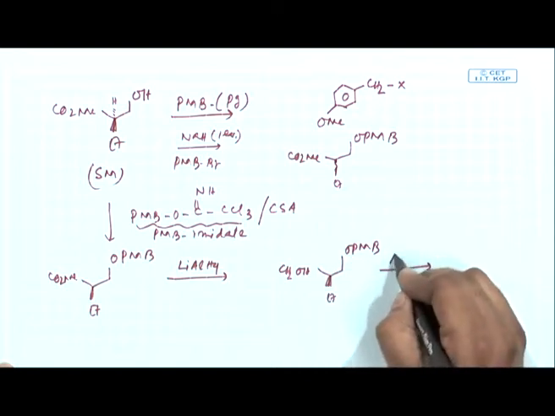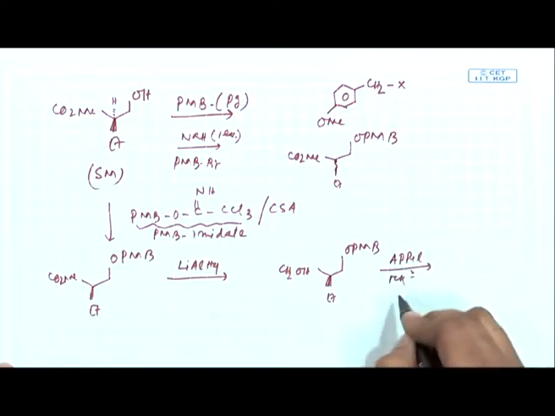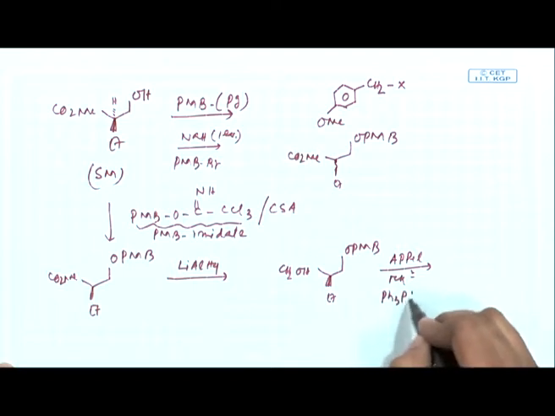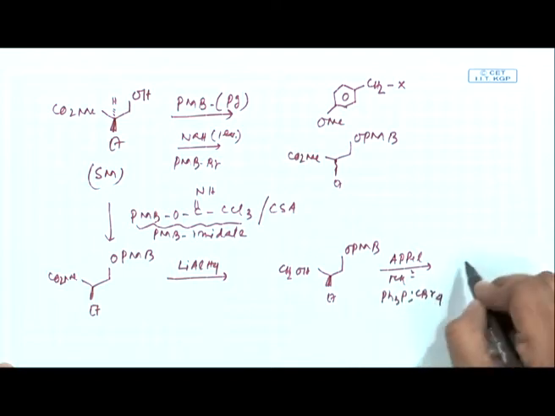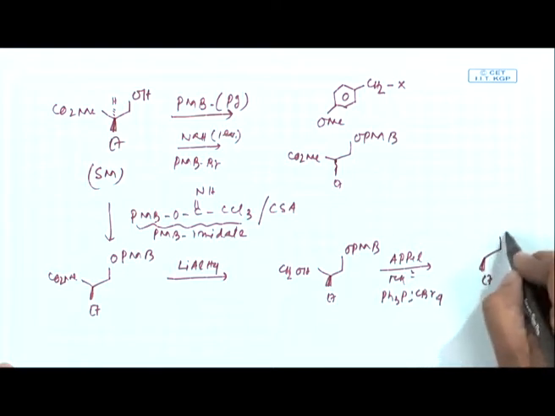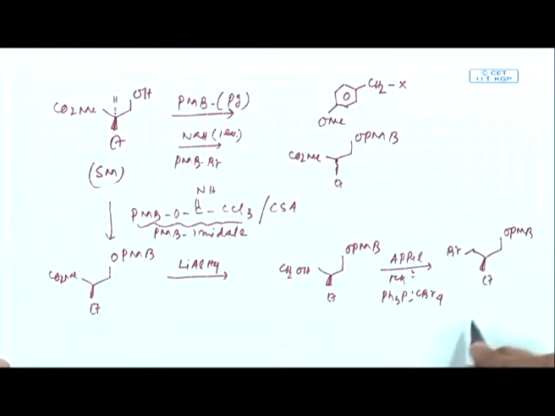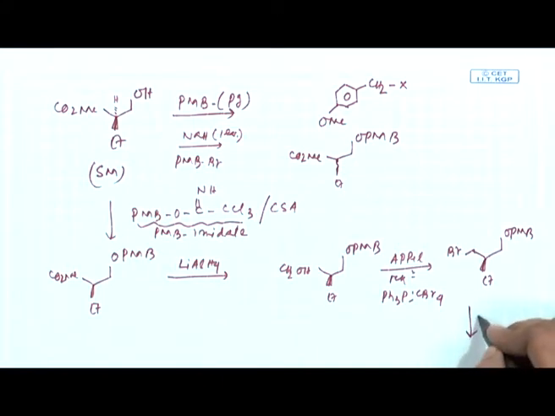The best way you can do is by Appel reaction, which was also taught to you. The reagent is triphenylphosphine and CBr4. So, then by this way you will end up with this compound.